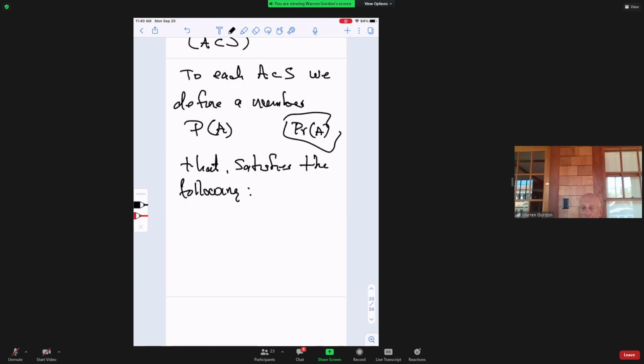Now remember, we're now defining axioms, but our intuition is based on the notion of relative frequency. The first condition is that this number, P of A, is always a number between 0 and 1. Remember, my goal is to define a probability. My intuition is a relative frequency. We saw a relative frequency was always a percentage between 0 and 1.